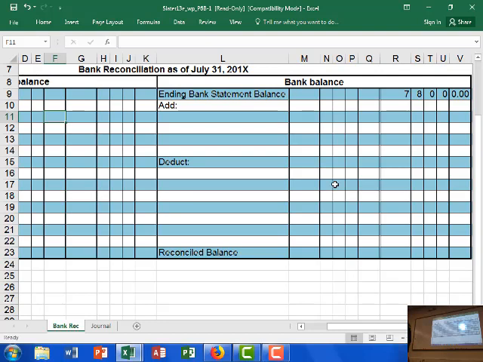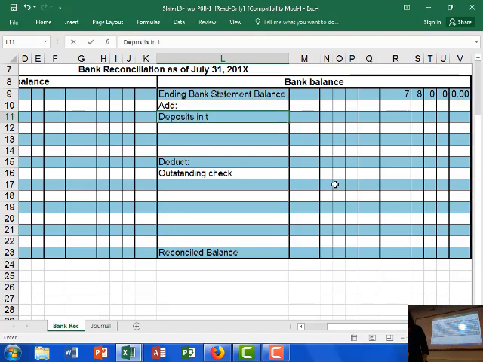I have recorded it, but it hasn't gone through the bank. So I wouldn't put that on the check side. I would put that on the bank side, on the bank balance. But remember, I wouldn't add it, I would deduct it. The only things that are added onto the bank are any deposits that have not gone through. Any checks have to be deducted or subtracted.